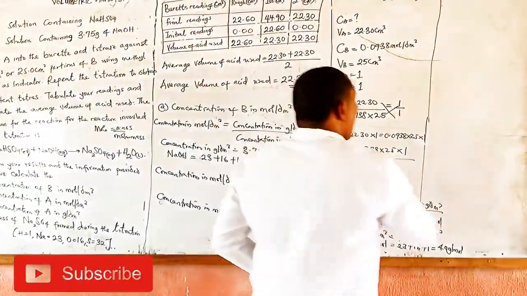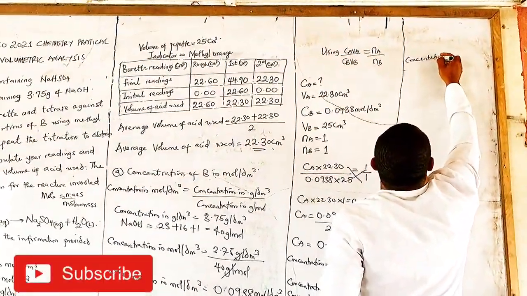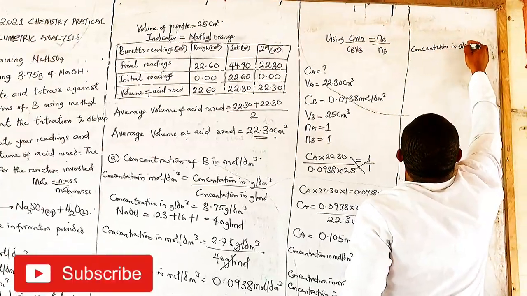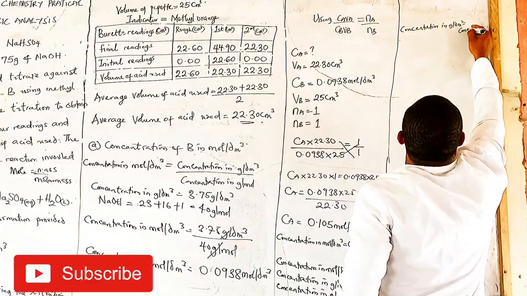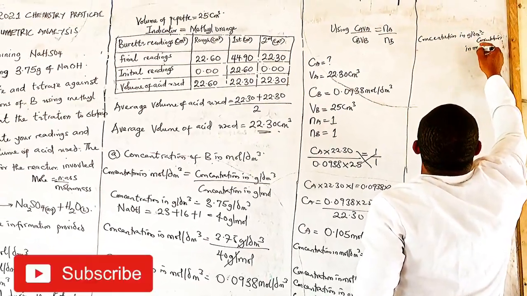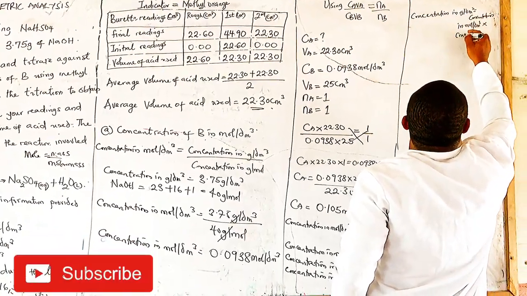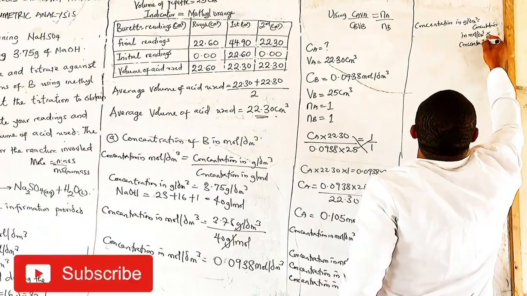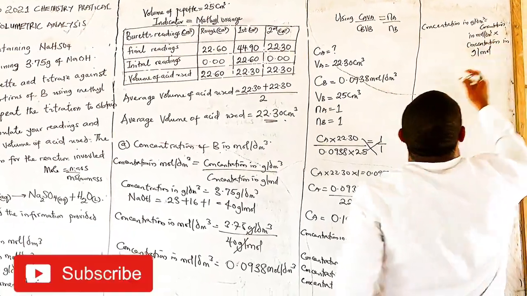So from there, our concentration in gram per dm cube will be equal to concentration in mole per dm cube times concentration in gram per mole. Perfect.